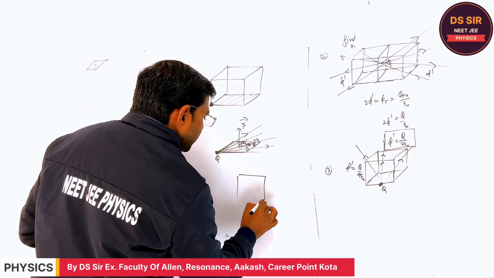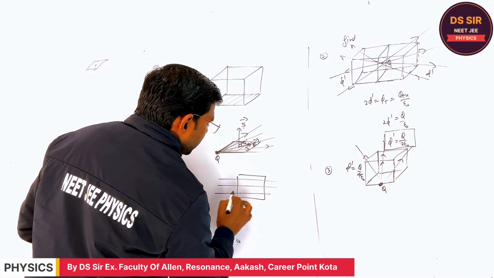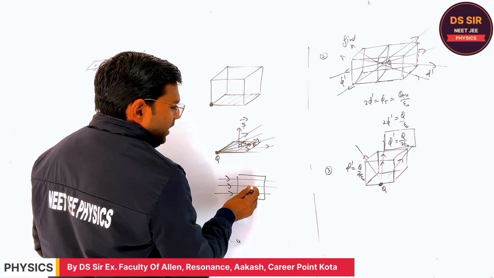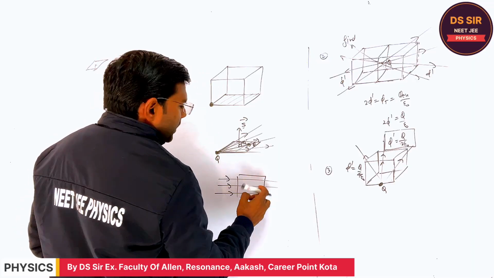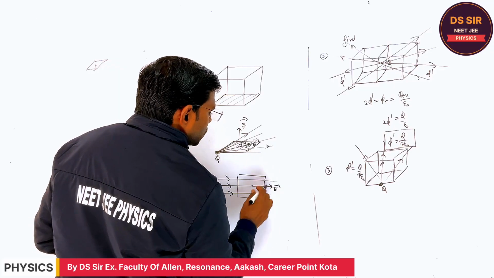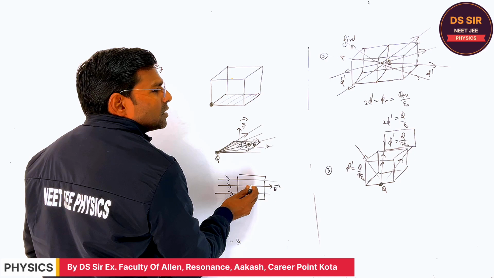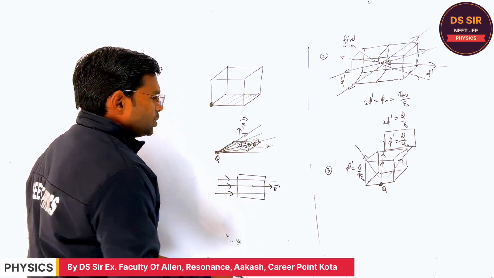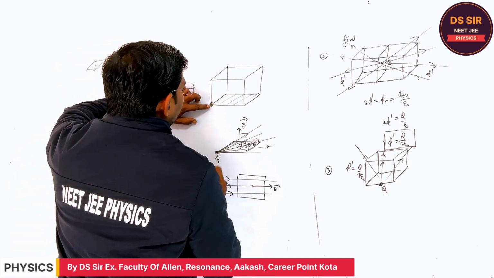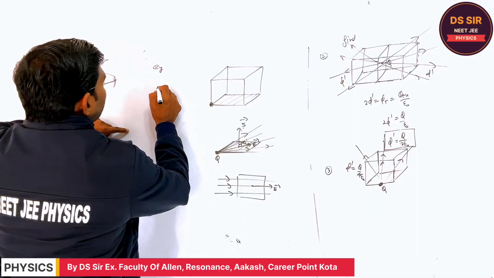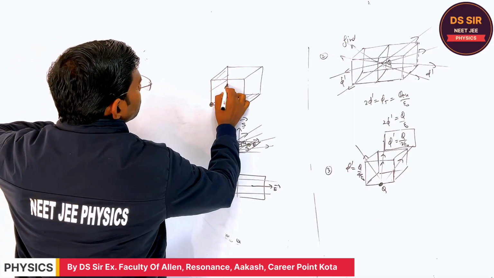So if the electric field is in the plane of this face, the area vector is this and this is the electric field vector. So what is the flux linked with this face? You tell. Say 0, right?